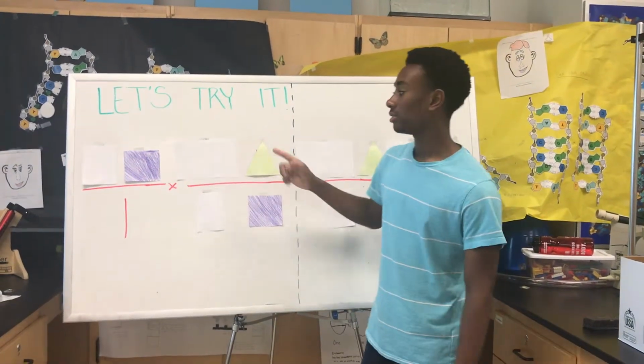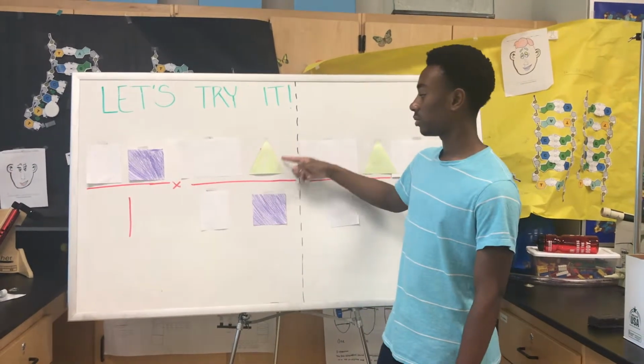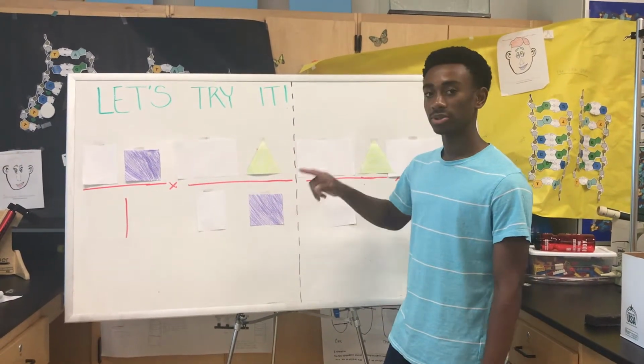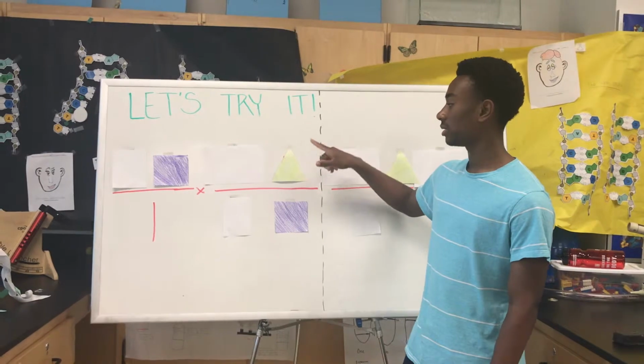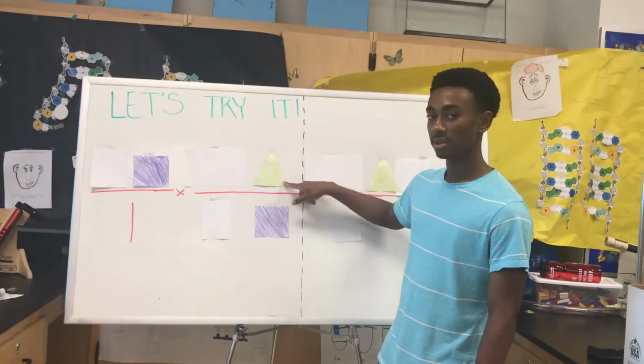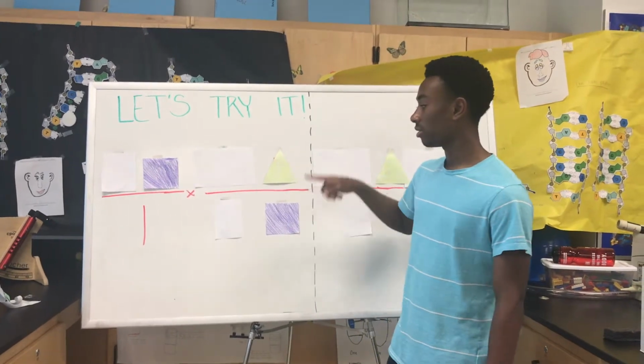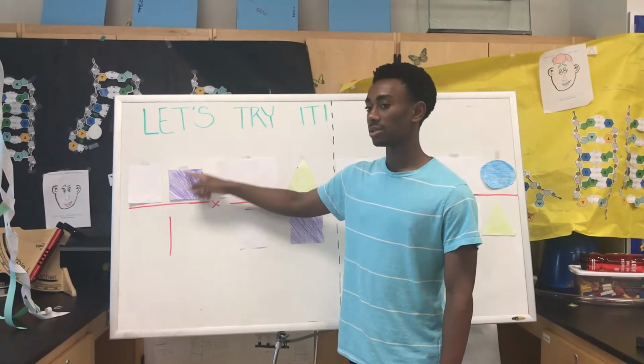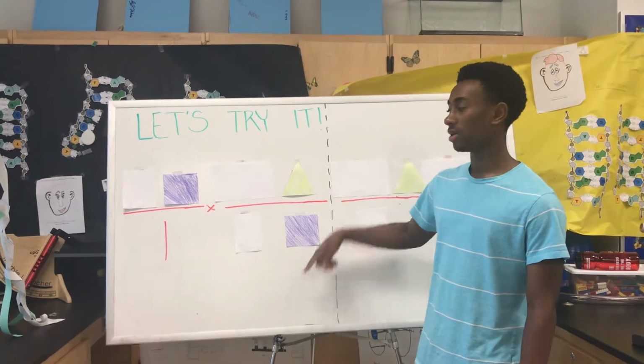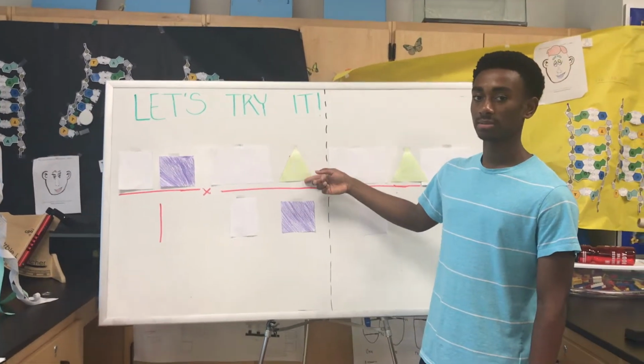To get to triangle, you multiply it by the ratio of triangles to squares, which shows you that this many squares is equal to this many triangles. You multiply this square over 1 by triangle over square so that this square cancels out and this square cancels out, and you're left with triangle.